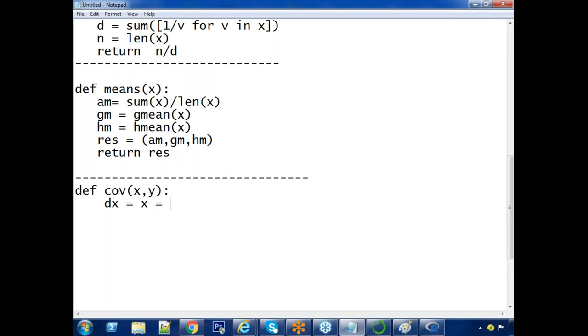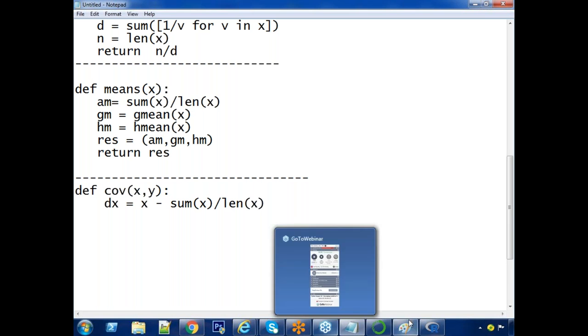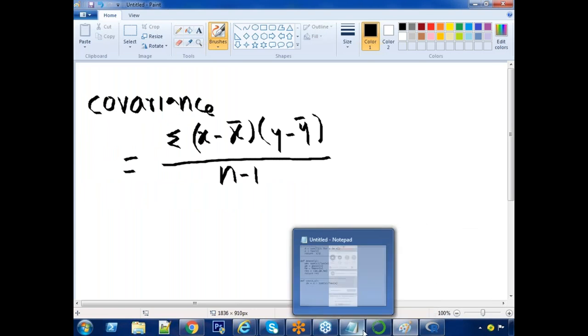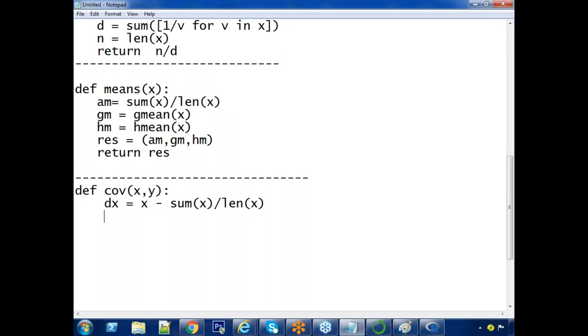X minus sum of x divided by len of x, this is for the mean. X minus x bar, ready as per the given formula. Do the same thing for y. Y minus... but it's wrong, right? X is not a single value, x is a list. Understand the point? Directly you cannot do like this.